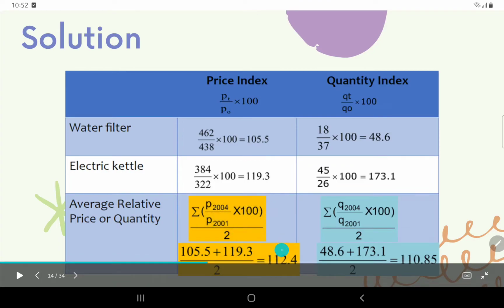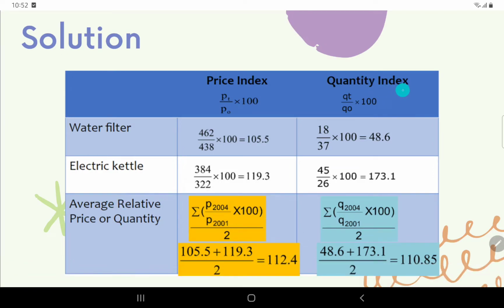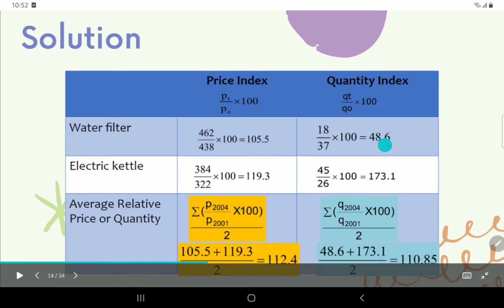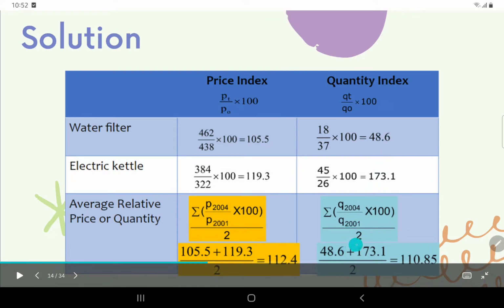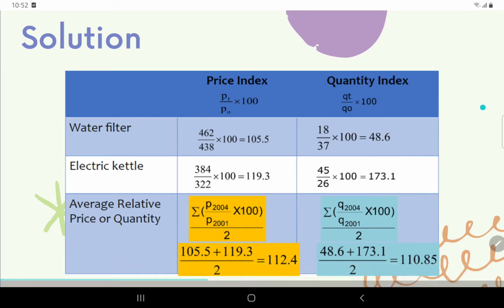The answer is 112.4. Meanwhile, for average quantity index, okay, average relative quantity index, we need to sum up the quantity index for these 2 items, 48.9 plus with 173.1 and then divide by 2 because we have 2 items. So the answer is 110.85.